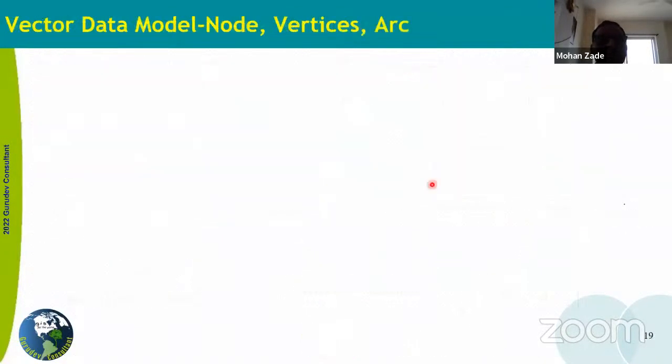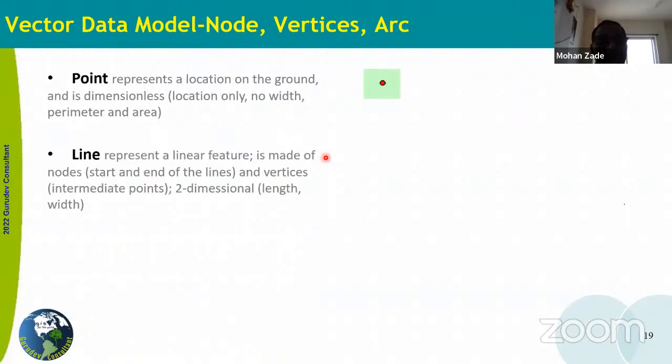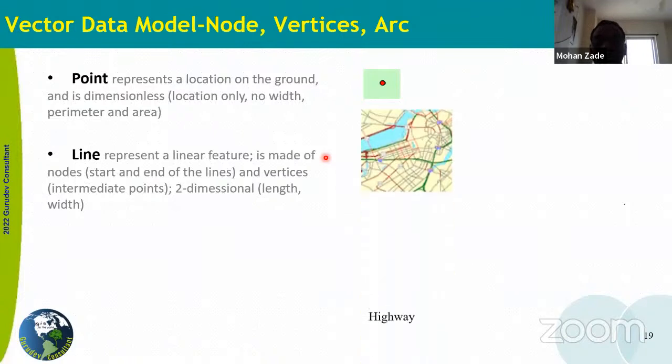Apart from vector and raster, a point is dimensionless, and a line is two-dimensional, with length as well as width. You can see highways and roads. However, it is to be mentioned here, the nodes and the vertices.